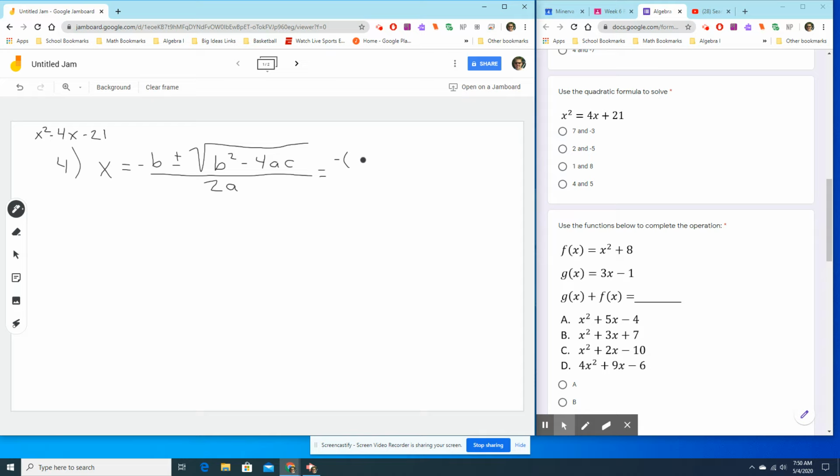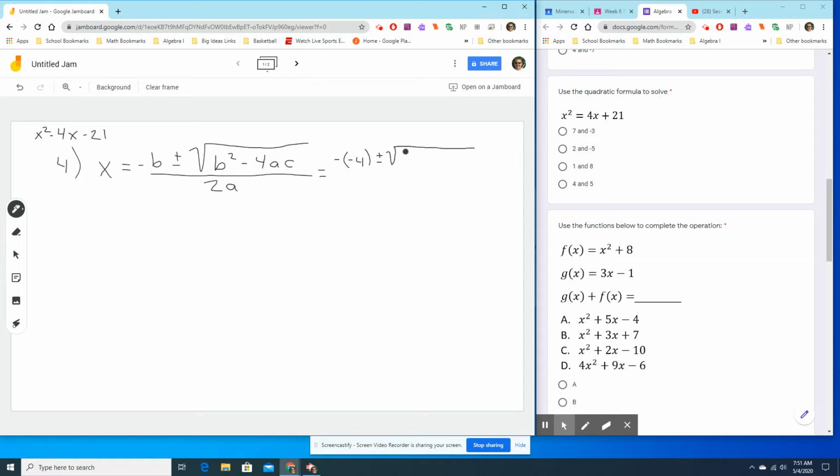I didn't even use the quadratic formula on my work. I just factored it. So if you recognize this thing's factorable, go ahead and do that. I would. That's what I did, and anyways, I'll do this.